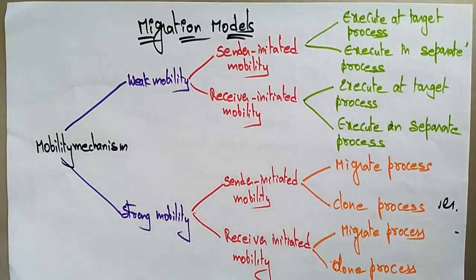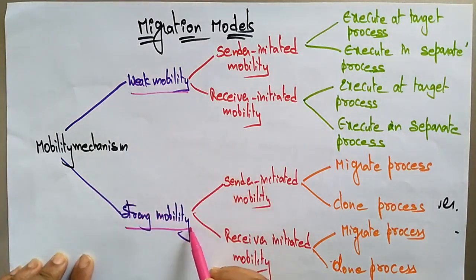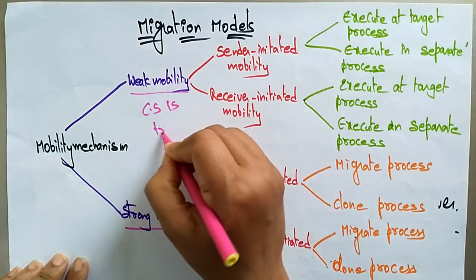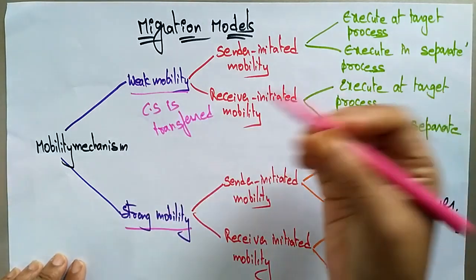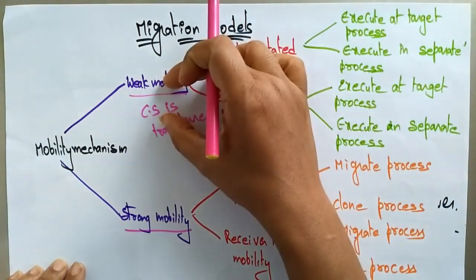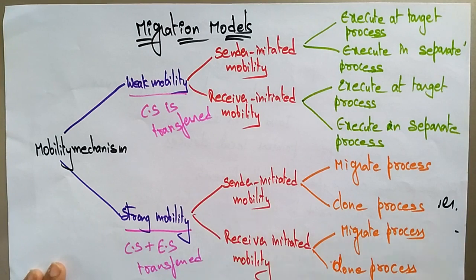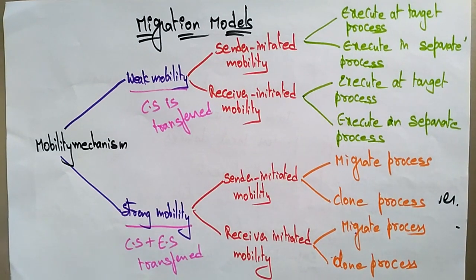Now the migration mechanism consists of weak mobility and strong mobility. As I said, weak mobility, or weak migration, means only the code segment is transferred. Whereas strong mobility means the code segment as well as the execution segment are both transferred.